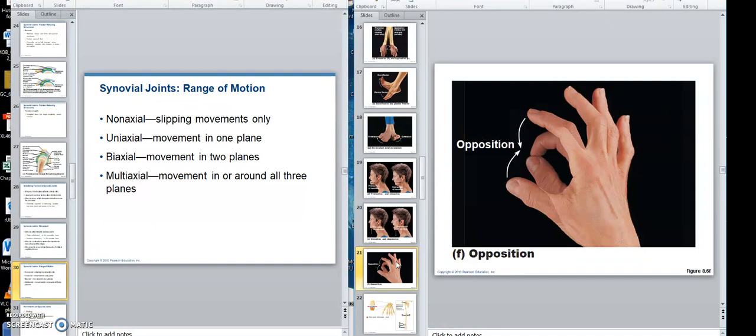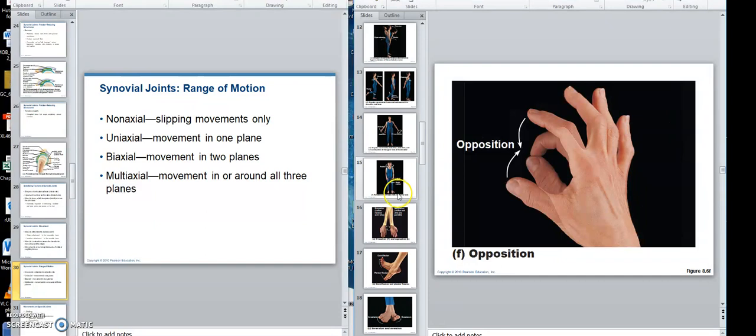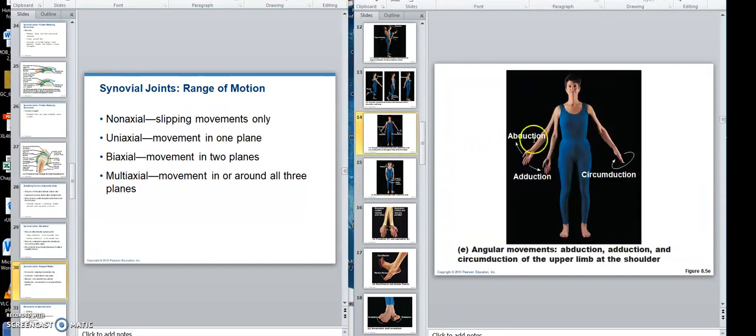So circumduction is you making that wide swing. But if I just took my arm, held it straight, and turned it inward, but don't swing it, that would be rotation, because I'd be rotating right here. So that's the difference between circumduction and rotation.